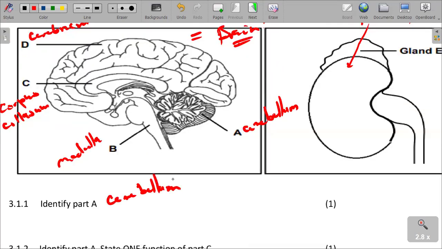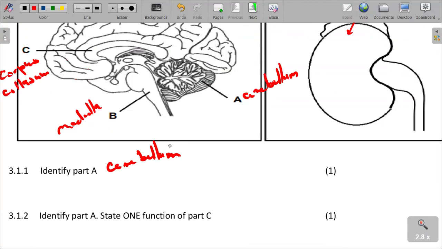As for the functions, if you can go and check on our notes on YouTube, we have got content with videos explaining and analyzing the human brain as part of the central nervous system, as part of the communication link between the cerebellum, the brain and the spinal cord.